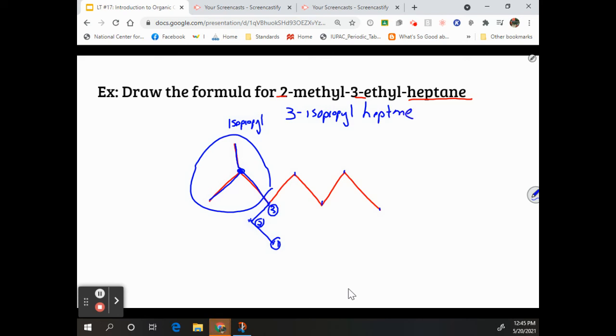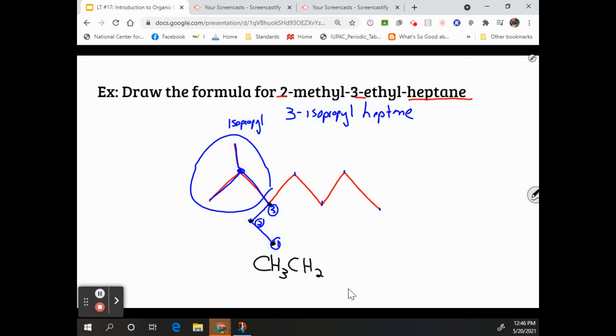But in order to draw this, sorry, not to draw this, but to write the formula, I would just start left to right, writing what would be attached to each one of these spots. So on the first carbon, the hydrogens are not listed, but you have to have 3 of them to make 4 bonds. Every carbon wants 4 bonds. This one would have 2 carbons.